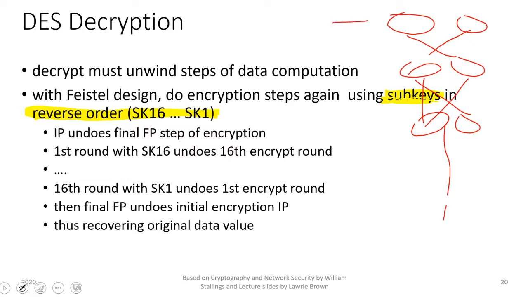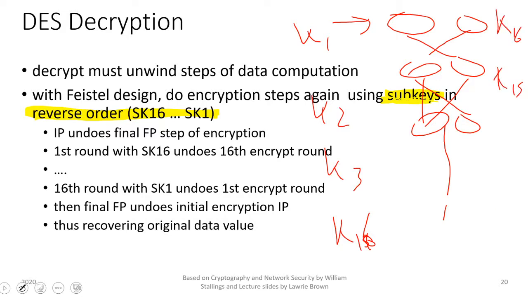But if we used K1, K2, K3, up to K16 in the initial encryption, for the decryption we will go with K16, K15, down to K2, K1, and so on. So we go with the keys in the reverse order. That is one of the elegant things about DES, or any block cipher that follows the Feistel structure.